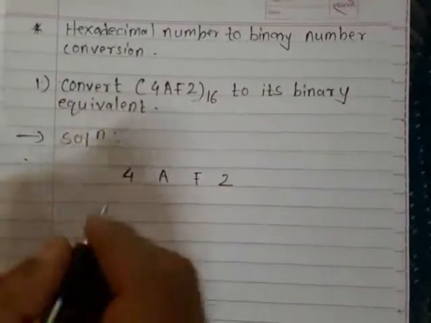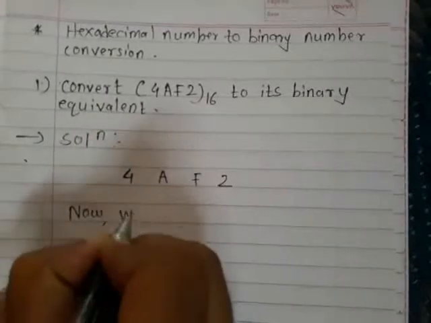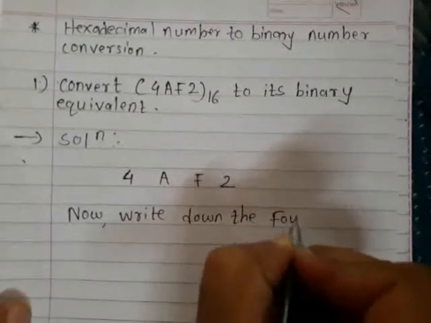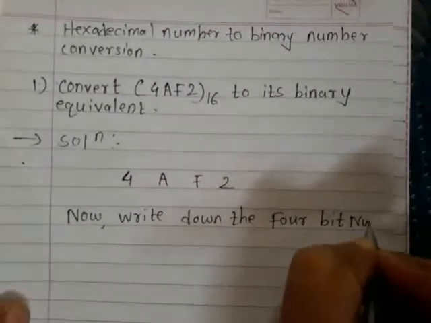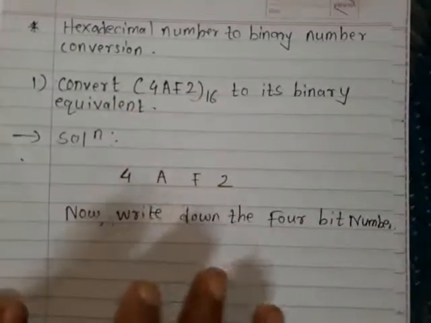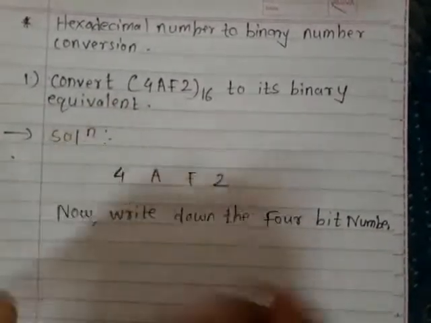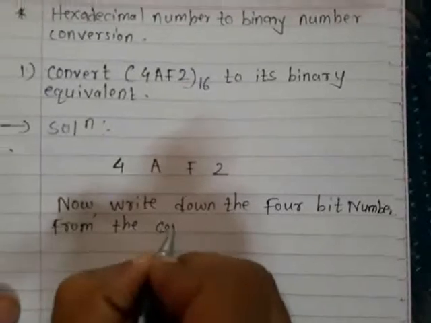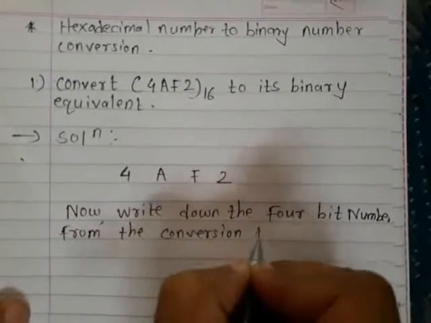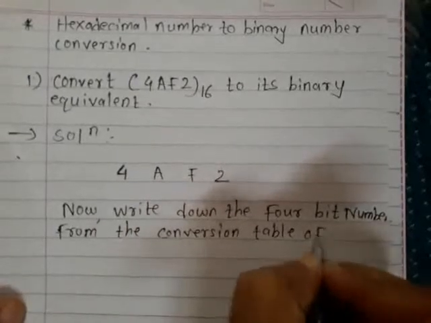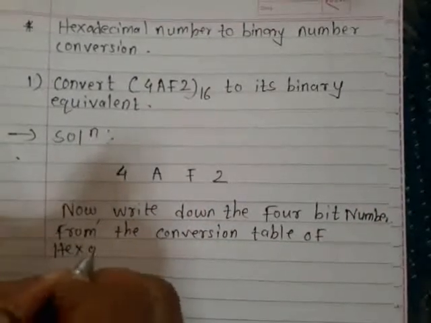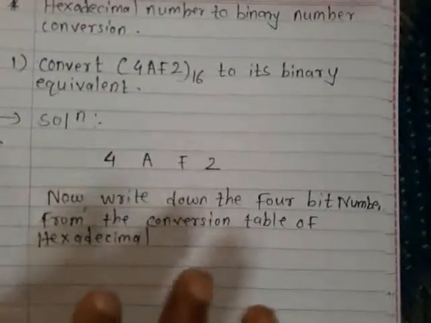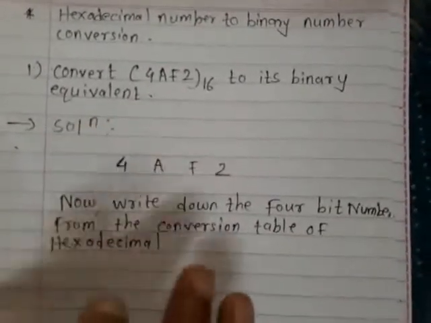Now what you have to do? Now write down the 4-bit number. You have to write the 4-bit number from the conversion table of hexadecimal. From the hexadecimal number system chart you have to write this 4-digit number.